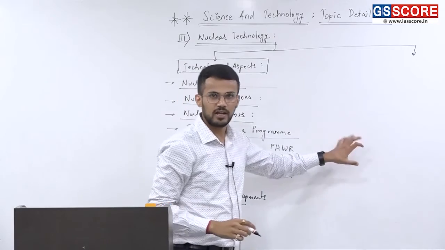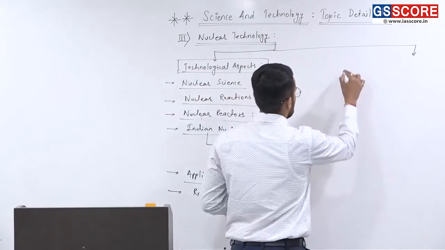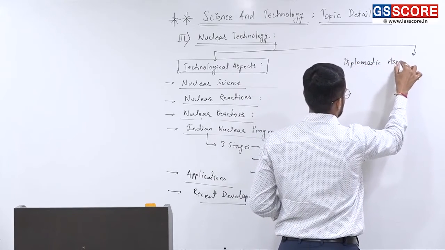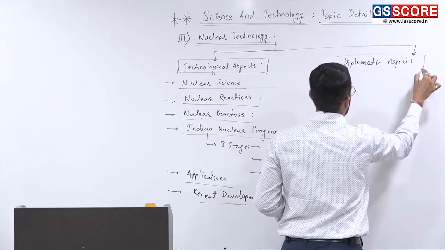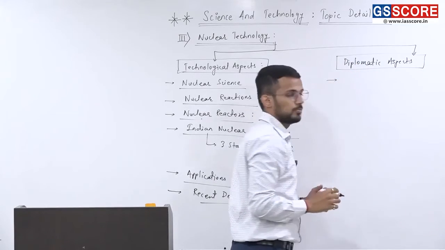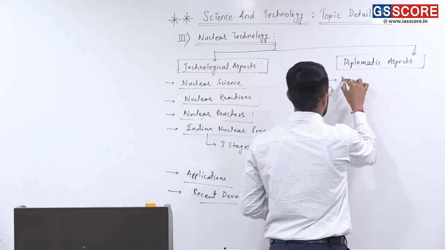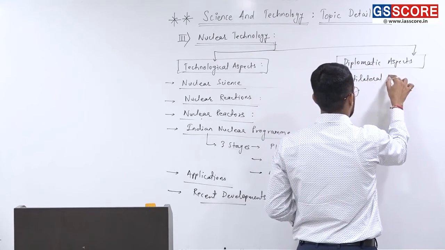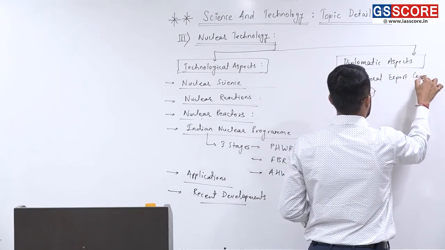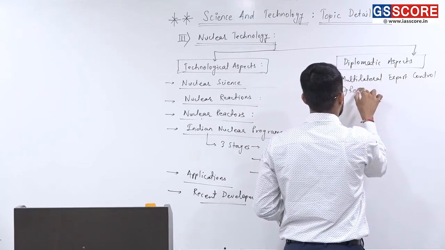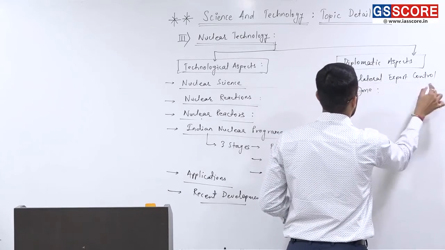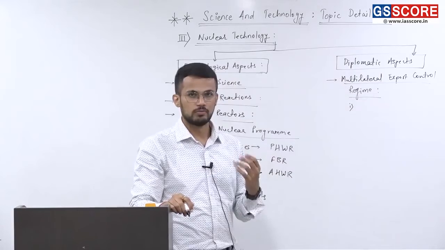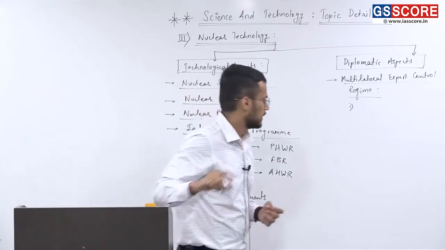Now there is a second leg to nuclear technology, and that is diplomatic aspects. Under diplomatic aspects, one must be aware of the multilateral export control regime. Under this multilateral export control regime, there are four important topics.